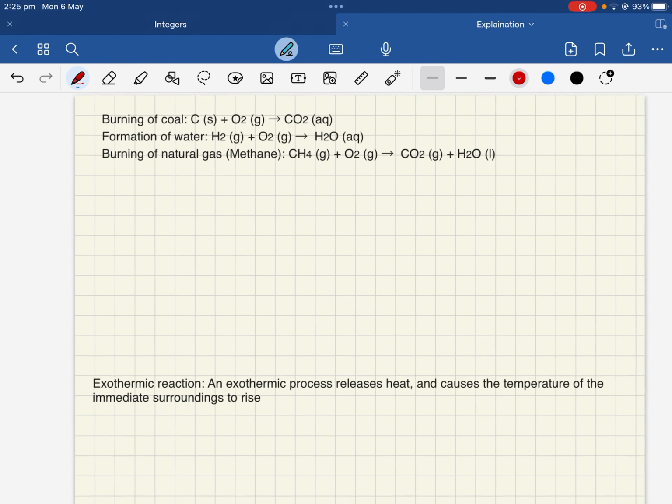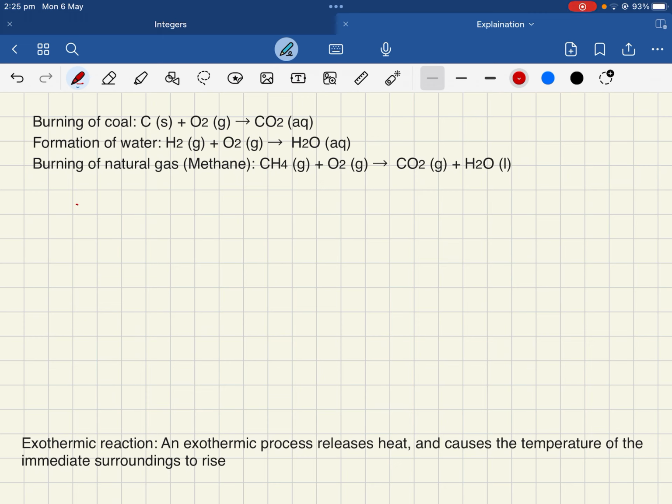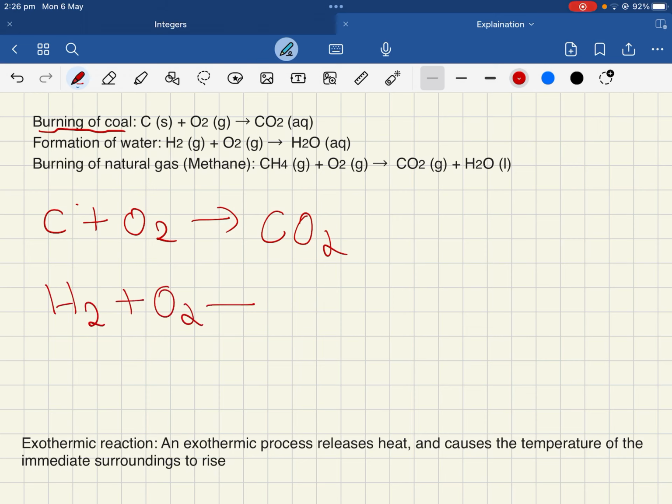Next we have few examples of combination reaction. First we have burning of coal, that is carbon plus oxygen reacting to become carbon dioxide. Then we have formation of water, hydrogen plus oxygen reacting to become water.